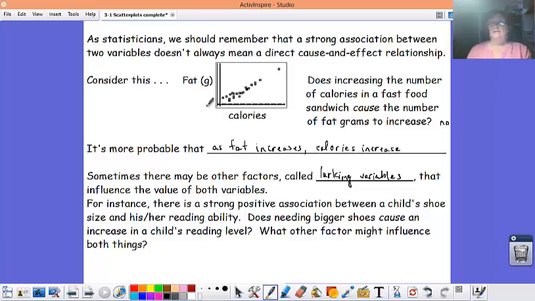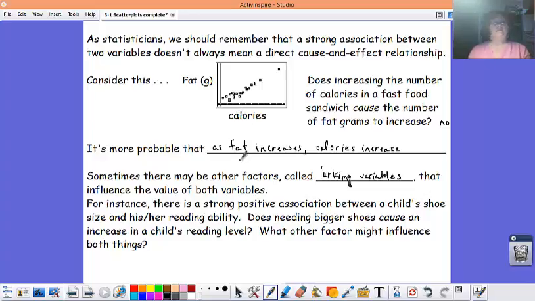Maybe sugar, right? Or butter would be a good lurking variable for this. The amount of butter would certainly increase the number of calories and increase the amount of fat. A lurking variable is something that's in the background. It's not either one of the two variables here, but it's something that affects them both.